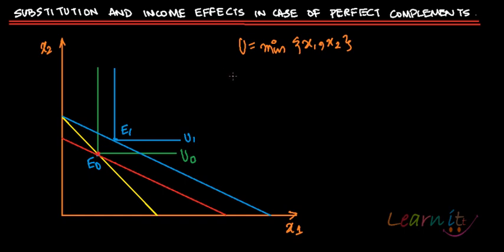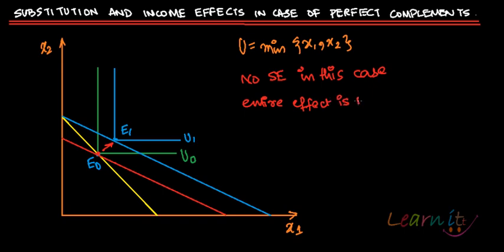Clear? So there is no substitution effect in this case. Okay, so the entire effect, from E0 to E1, is income effect. Okay, so this is the case of perfect complements.